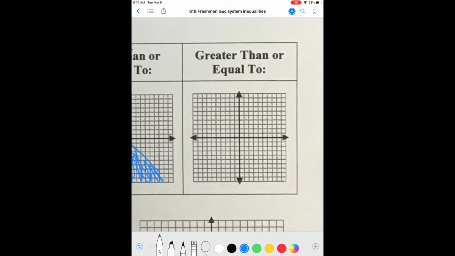Similar, greater than or equal to, still going to have a greater than sign, but the or equal to is going to create that line underneath. We're going to have a solid line to represent or equal to, and then we're going to shade above because it's greater than. All of our solutions are greater than the equation.